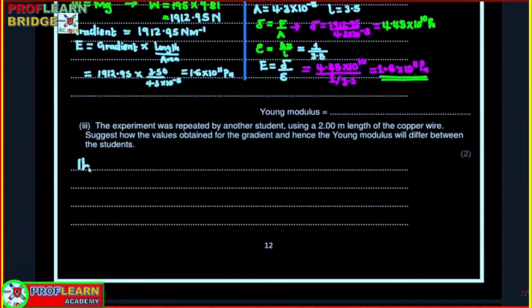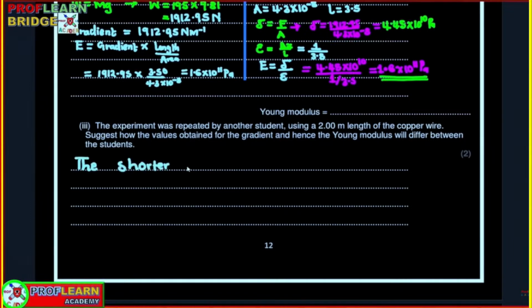Now, in the experiment, the experiment was repeated by another student using a 2.00 meter length of copper wire. We are told to suggest how the values obtained for the gradient, and hence the Young's modulus, will differ between these two students.